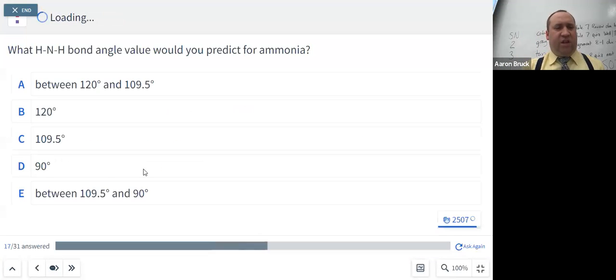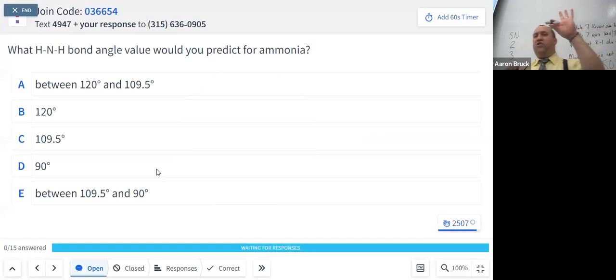All right, last question here. We've got our structure. What's the bond angle in this structure?